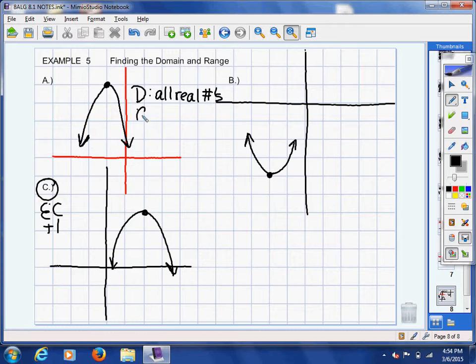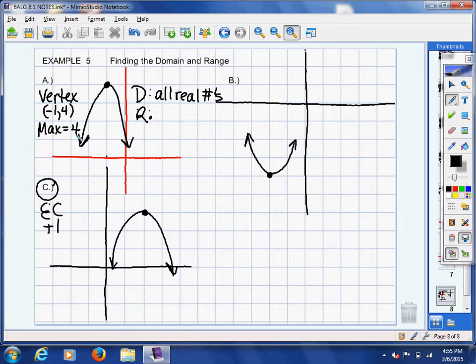Where you may have to do a little bit of thinking is with the range. Now remember, from example 4, I had to identify the vertex and the maximum or minimum. Now the vertex in this particular case in A is -1, 4. Because our parabola opens down, this is a maximum point. Our maximum is 4.